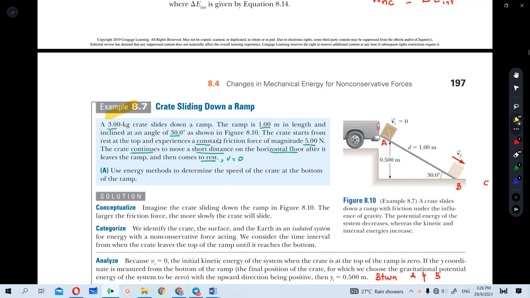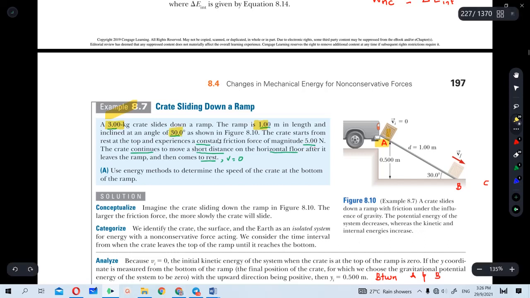What I meant here, this is a crate. Now, this crate is 3 kg, originally at a position on top of a ramp, which we label as A. Now, this whole distance of the ramp is 1 meter, throughout from here until B.